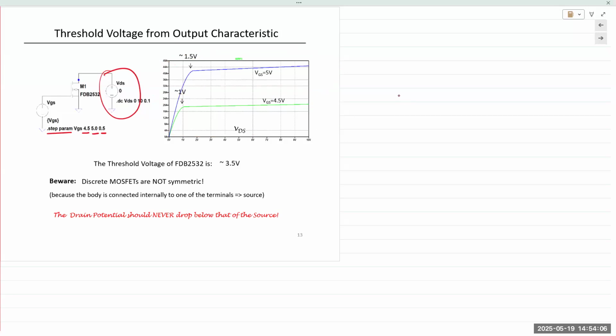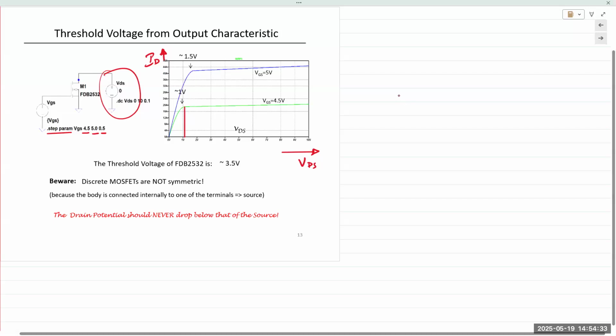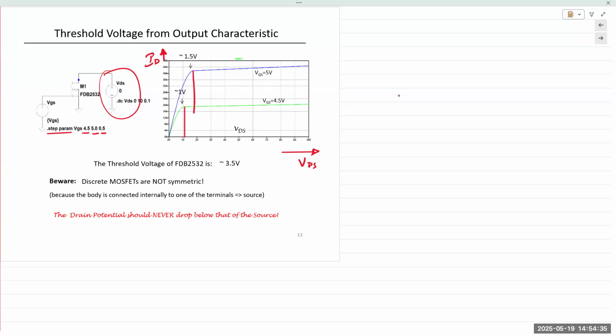Sorry, this is the plot of ID as a function of VDS, output current as a function of the applied voltage. And so here, if you see, this is closer to 1.1 and 1.6.